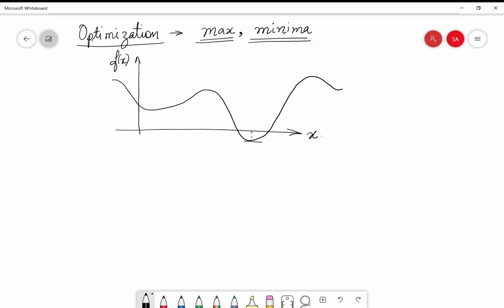So this is one minima point, this is another minima point, and there could be many other minima points. What about maxima? These are the maxima points.